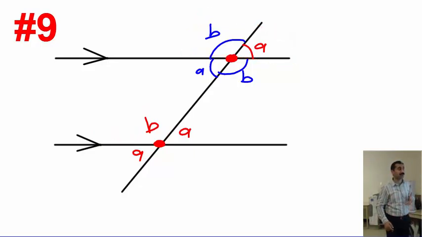But in other words, you can also do it like this. On top left, it's B. The angle there is also supposed to be B. Bottom right is B once again.